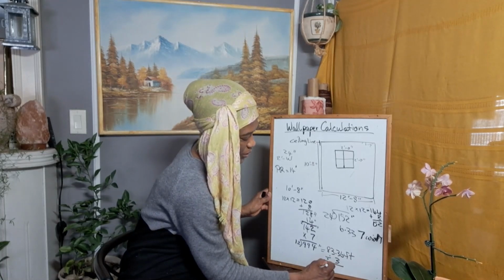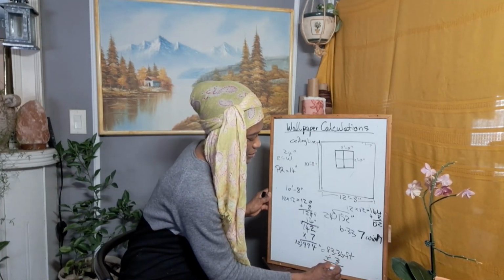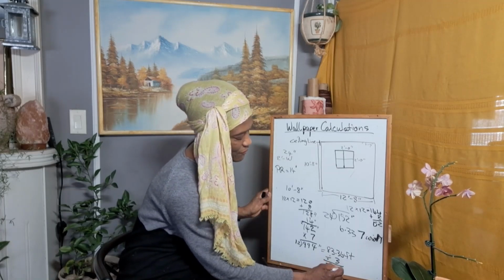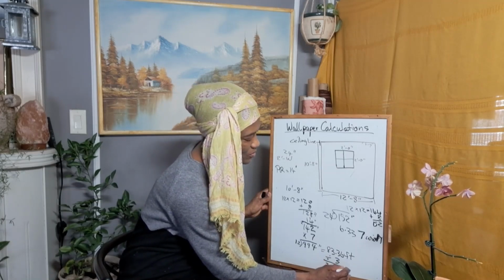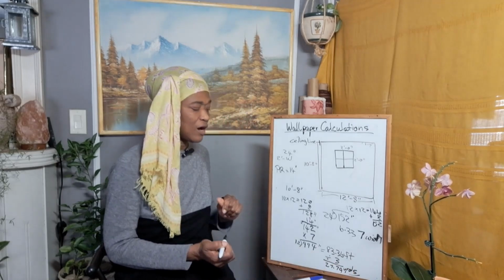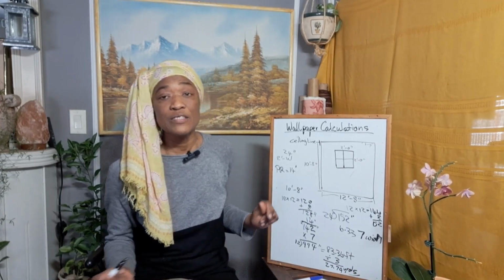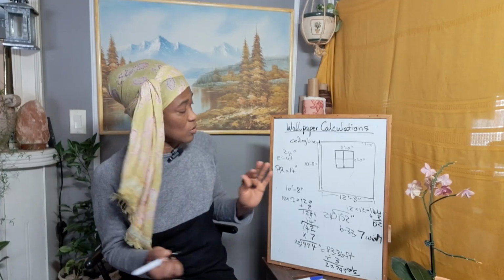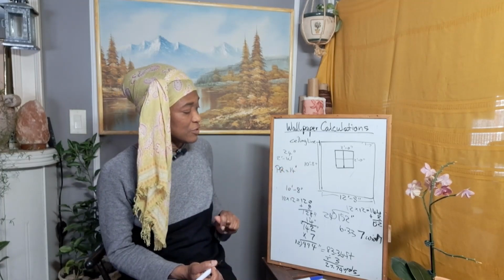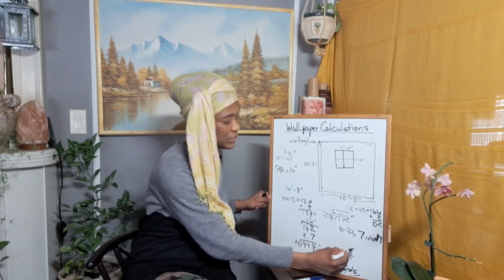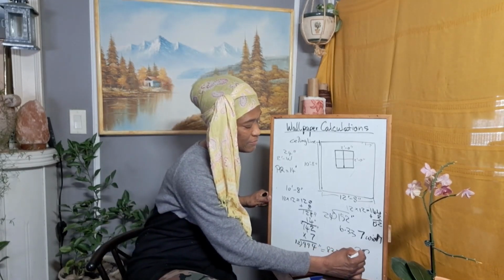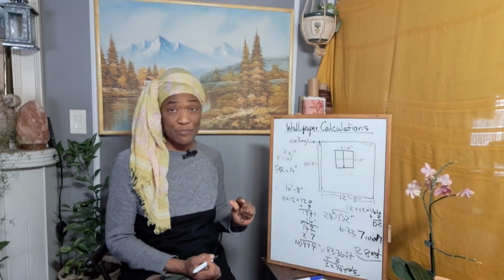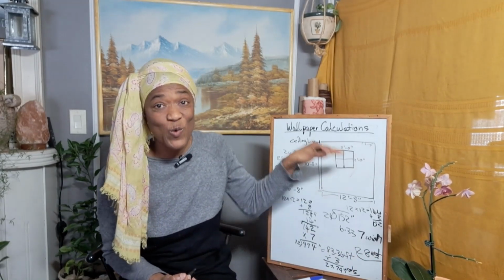So that's 27.78, 27.79 yards of wallpaper. And as usual, I round up, not down. So with your pattern repeat, you will need 28 yards of wallpaper to cover this wall.